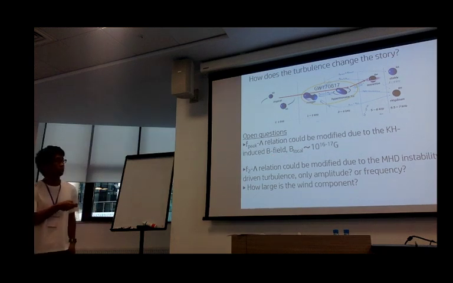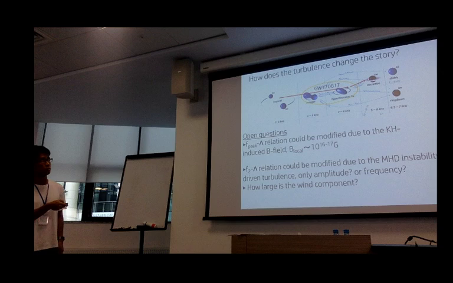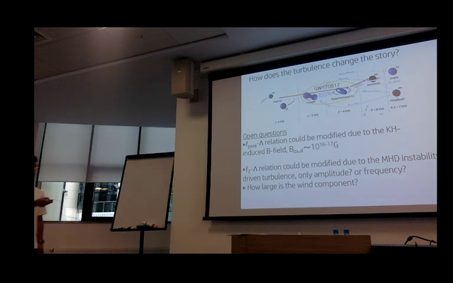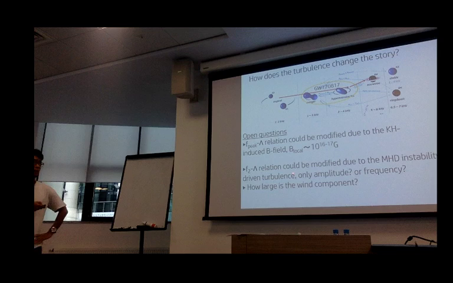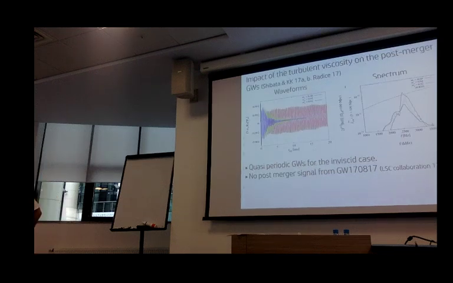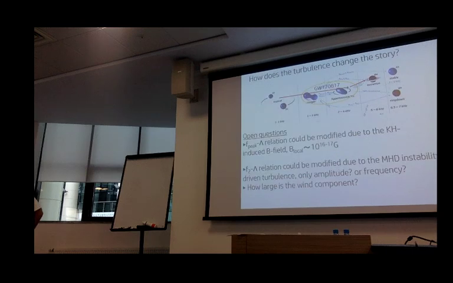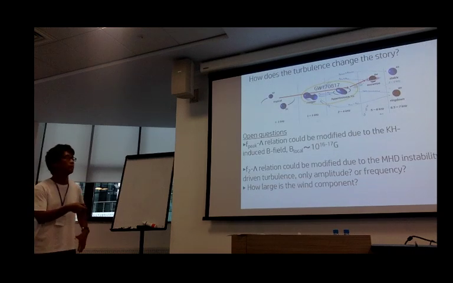Because the magnetic field is almost at equipartition level, say 10^16 or 10^17 Gauss, such a strong magnetic field could modify the F_peak. The F2-lambda relation could be modified as well due to the MHD instability during turbulence. But the question is whether it only affects amplitude, as we demonstrated here, or whether it affects the frequency as well. So this is our question.